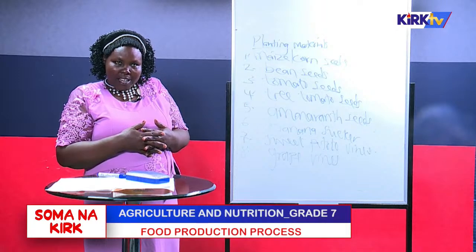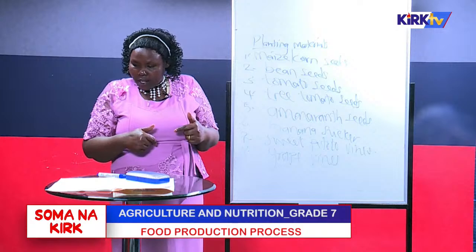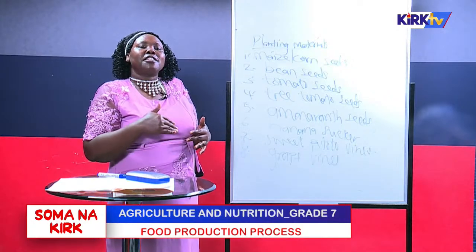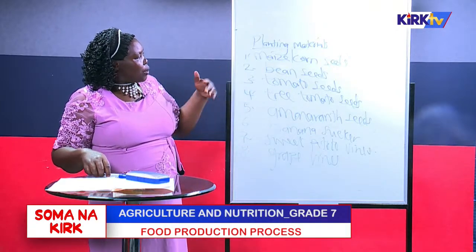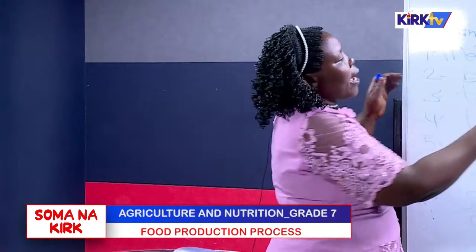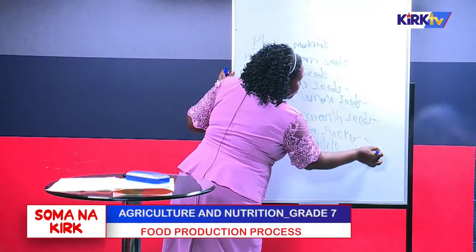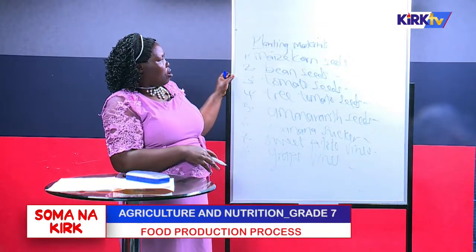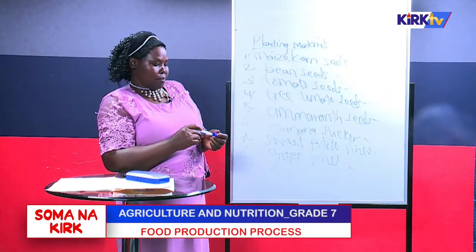I repeat, the logic in preparation of the tilth is the smaller the planting material, the finer the tilth required. So with this, we can just see which type of tilth we need to plant such planting materials.